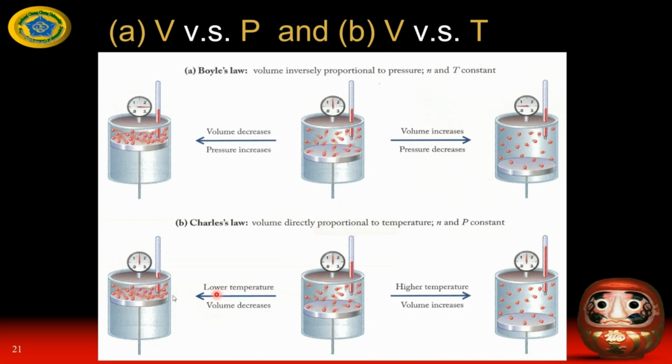If you lower the temperature, you realize the volume decreases. If you increase the temperature, the volume increases. This is common sense at this moment, right? Because we learn this a lot in high school or junior high school.